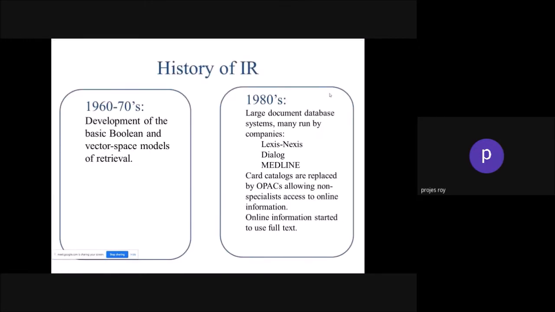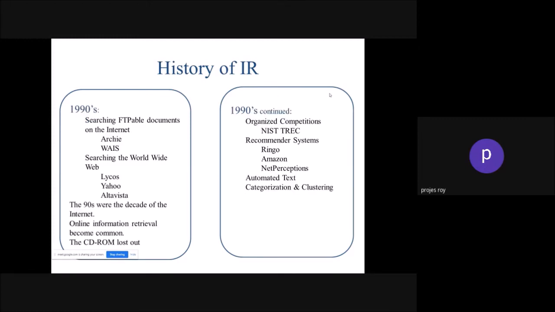If you look at the information retrieval history, in the 1970s, the Boolean vector space model. In the 1980s, LexisNexis and Dialog came with the concept of OPAC. In the 1990s, Archie, Veronica. This is the internet surface. Then came Lycos, Yahoo, AltaVista. We have used them extensively. Previously, there was no Google.